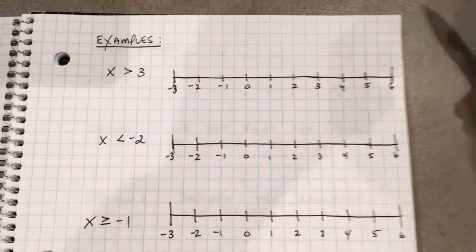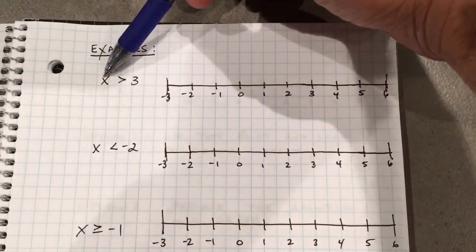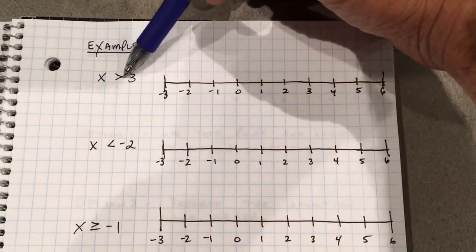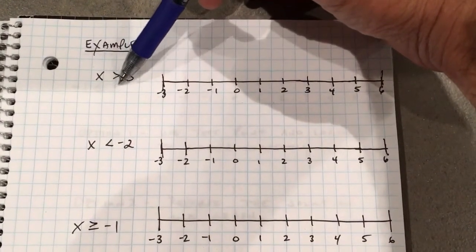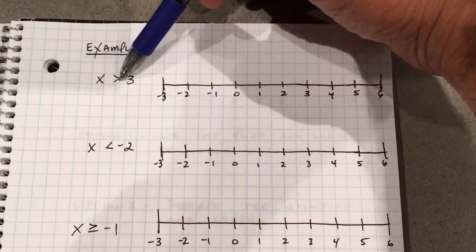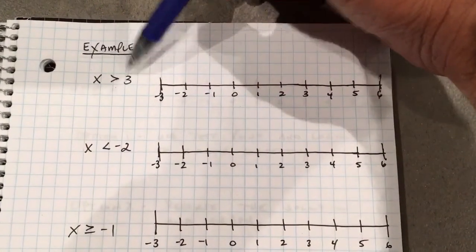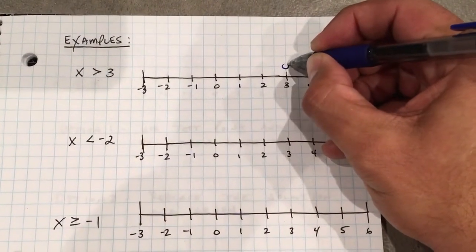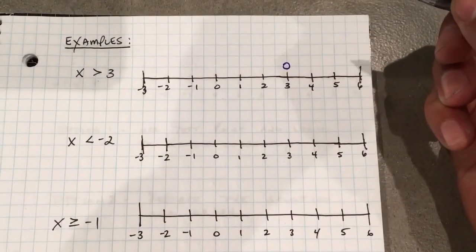All right, so here are some examples. X is greater than 3. Notice the symbol. There is no line, so we're going to use an open circle. So we're going to go where 3 is on the number line, and I'm going to put an open circle.